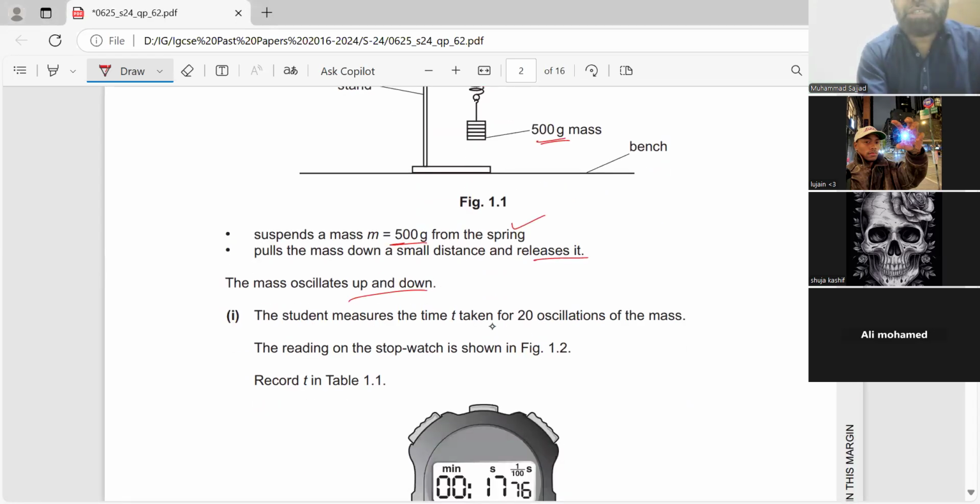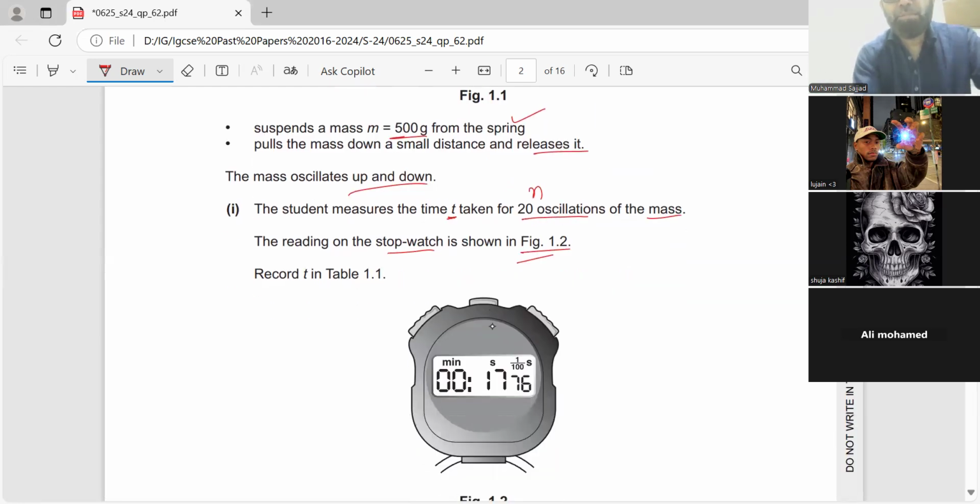The student measures the time t for 20 oscillations, where n is the number of oscillations. It can be number of cycles or number of vibrations of the mass. The reading on the stopwatch is shown in the figure: minutes 0, seconds 17, so 17.76 seconds, to the 100th of a second.